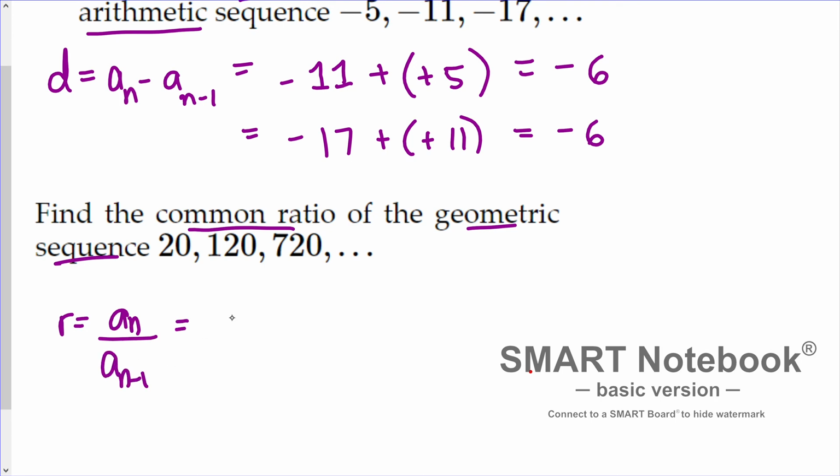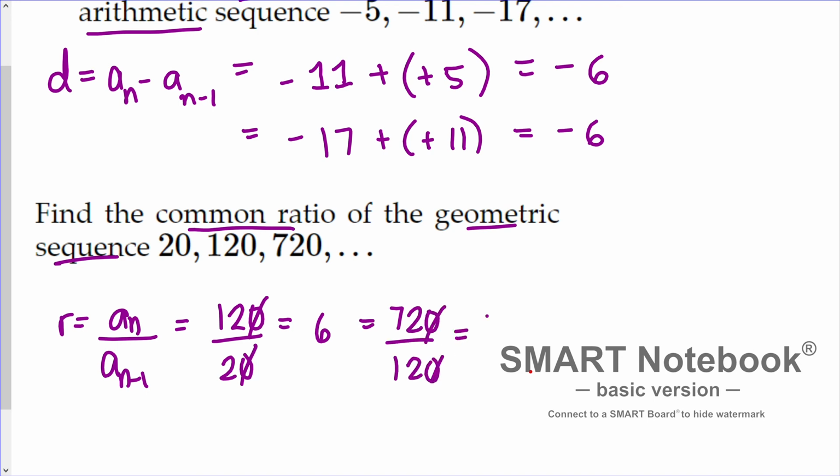All right, so I'm going to pick the second one, 120, and divide it by the first one, 20. It's 6. Let's make sure it stays the same, even if I do the third one divided by the second one. And I do. Great. So we get that the common ratio is 6.